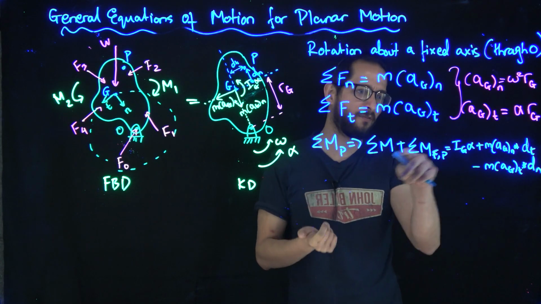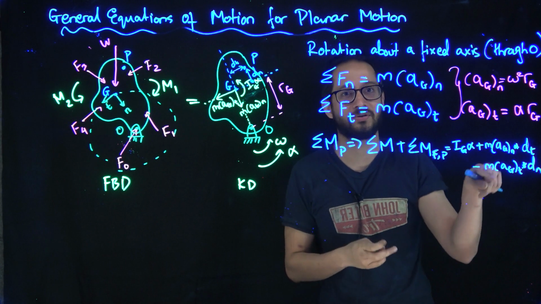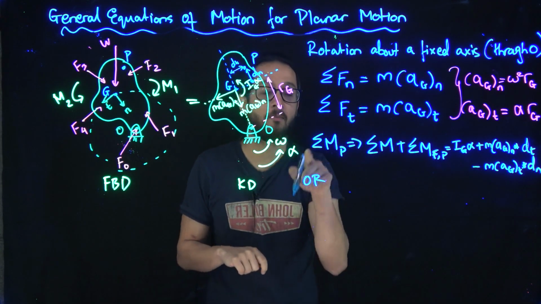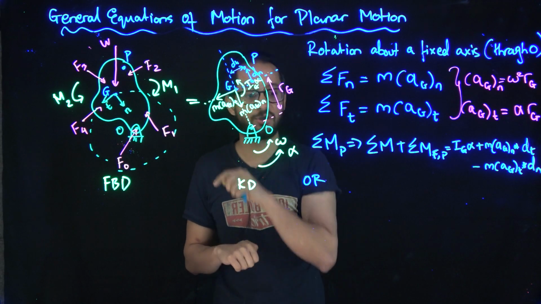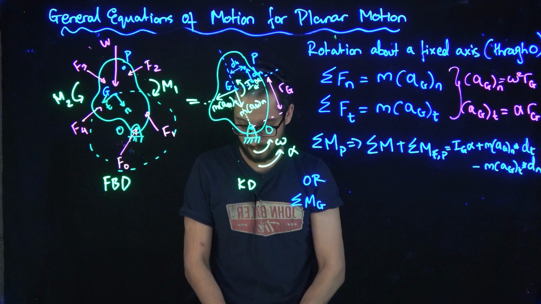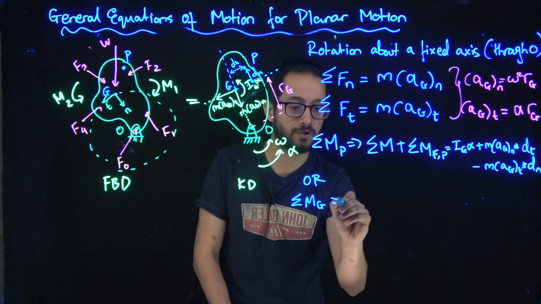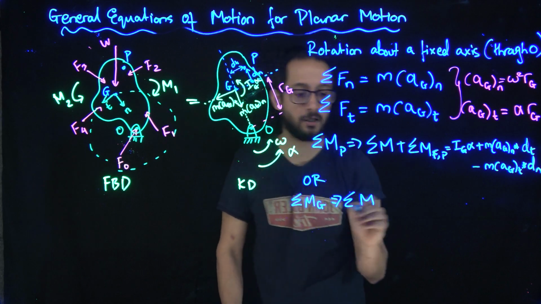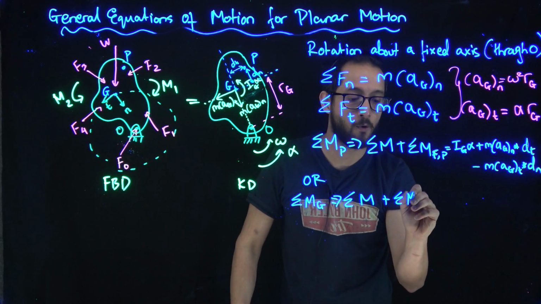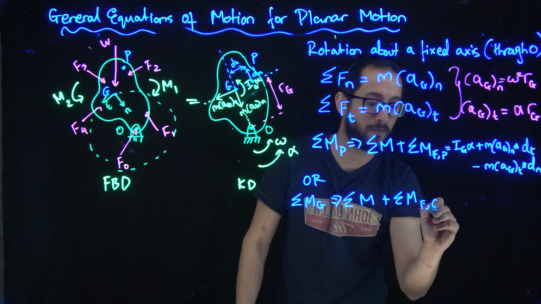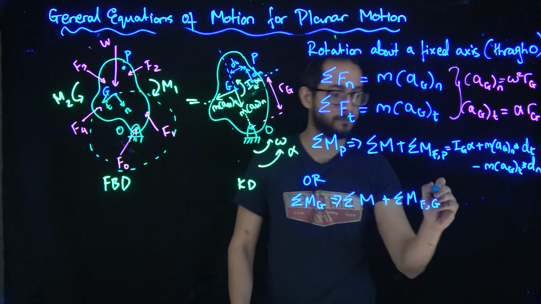But you have to do a lot of work because you have to find out what these two additional terms are. But we know you can also do it about the point G. If you find the moments about the point G, from your free body diagram you're just summing all the external moments plus the moments due to all the external forces about the point G. And what's that equal to?